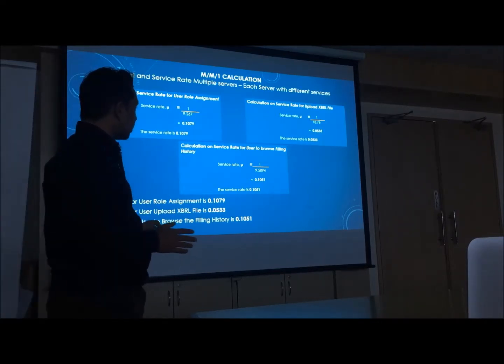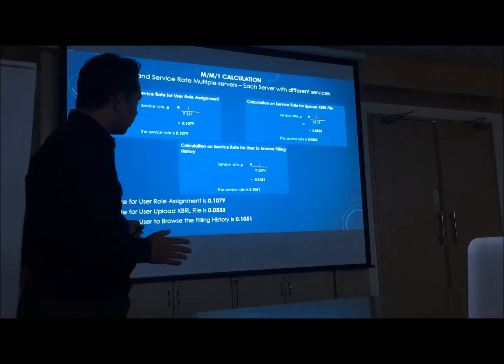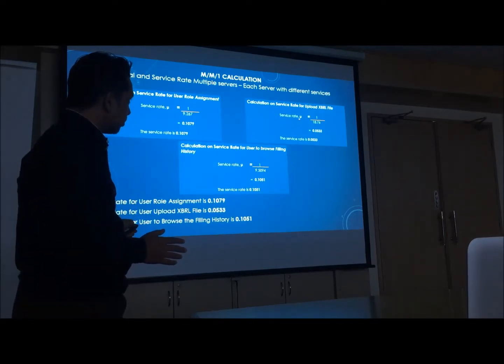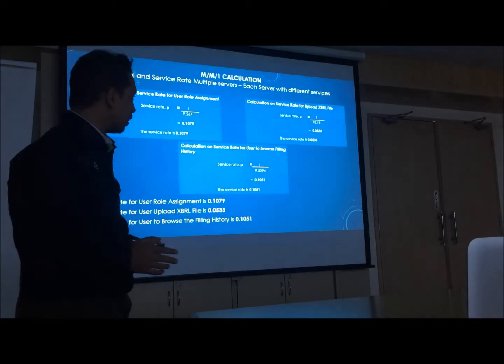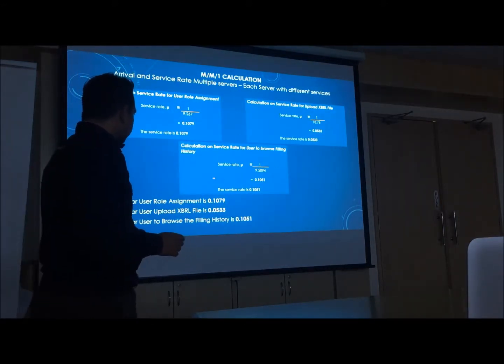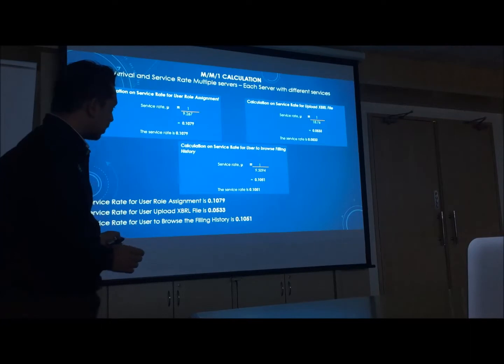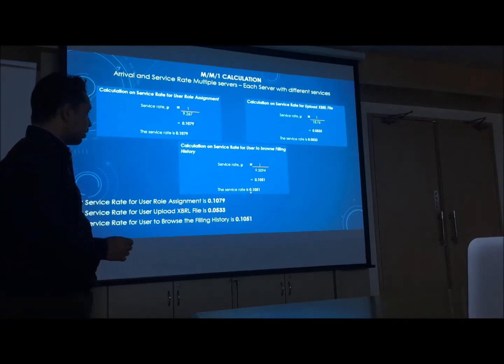For the second, we calculate the service rate for the upload XBRL file. So the result we get is 0.0523, and the third service, calculate service rate for user to browse filing history. So this is the result we get.